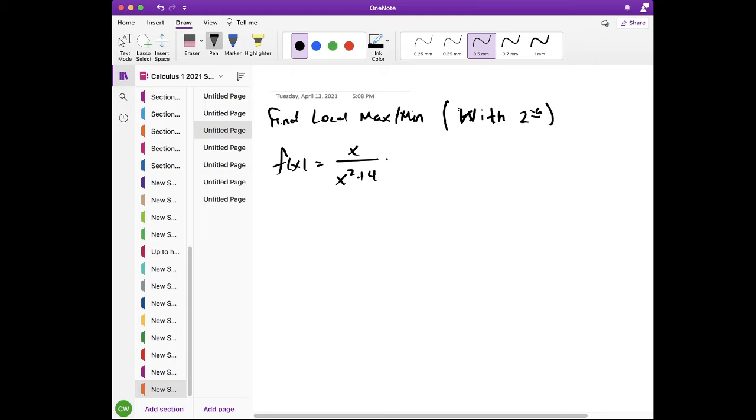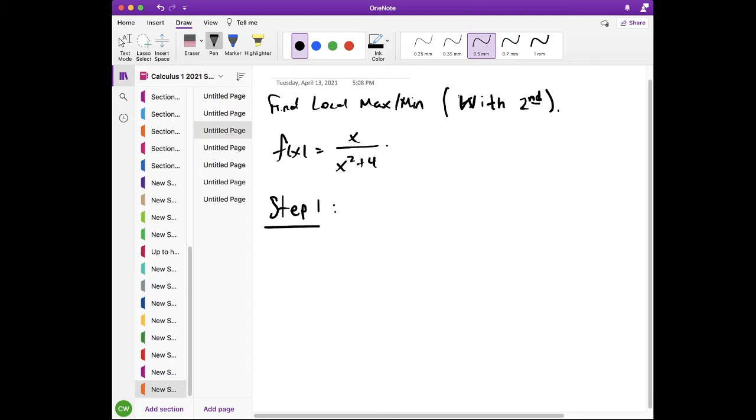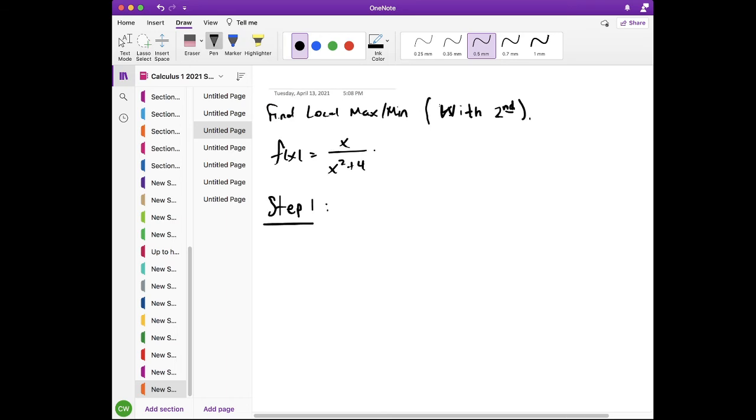Okay. All right, so how do you find the local maxes and mins of a function? What's your first step? What do you do first when trying to find a local max and min?